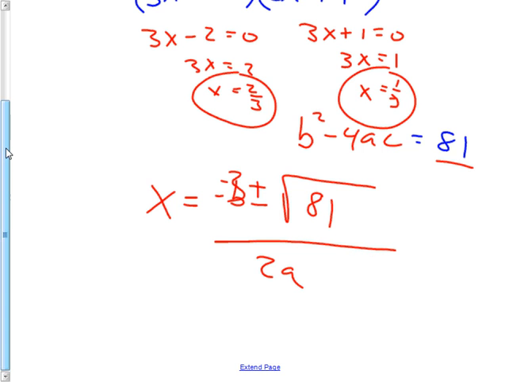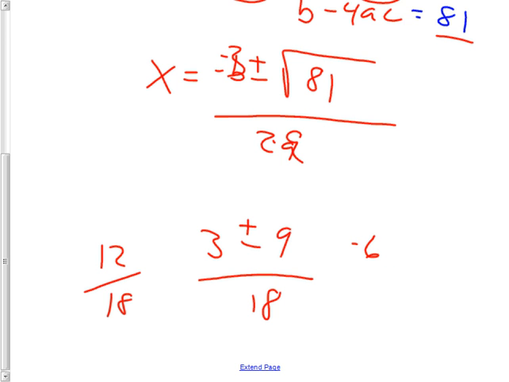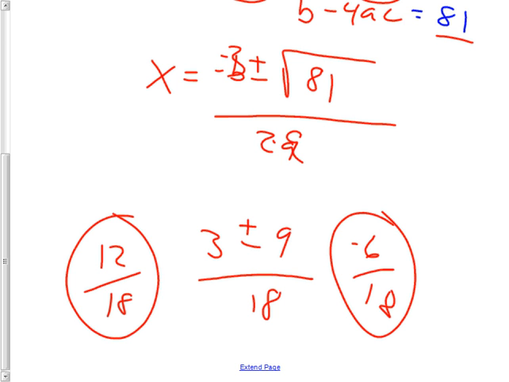A was 9. So this would be 3 plus or minus the square root of 81, which I can do. Square root of 81 is 9, all over 18. And that isn't too hard to simplify from there, is it? I can just go 9 plus 3 makes 12 18ths, and 9 minus 3 makes negative 6 18ths. And those are my two answers. They just aren't reduced all the way.